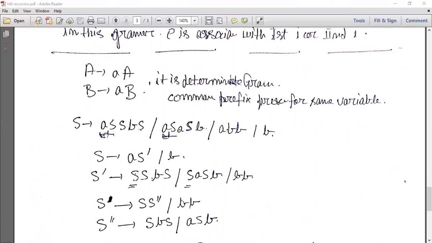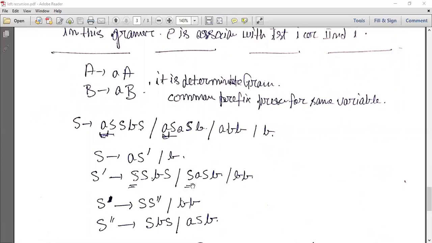We convert this non-deterministic grammar to deterministic grammar on the basis of the formula. So A is a common part. So S tends to A S dash, slash B. Now S dash tends to SSBS or SASB, and in this part we take care of the common A part, so BB and B. Now S dash, again S and S are repeated, so that is not a deterministic grammar.